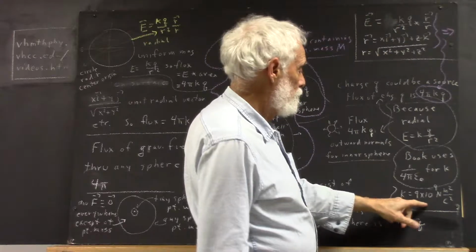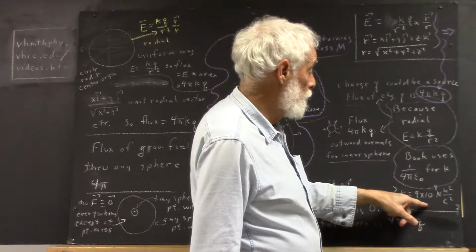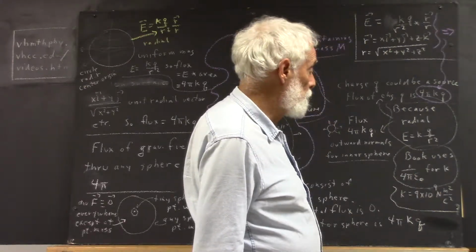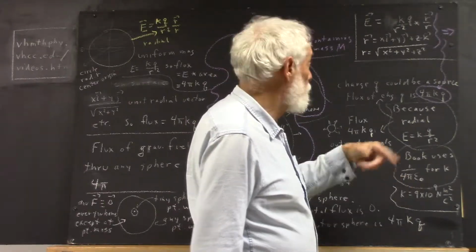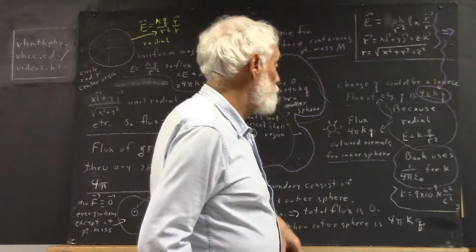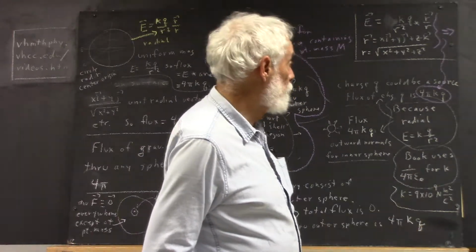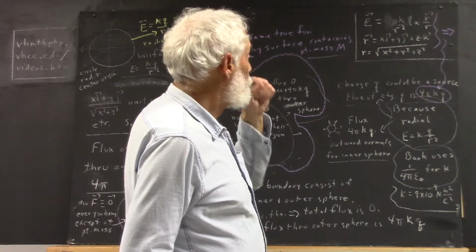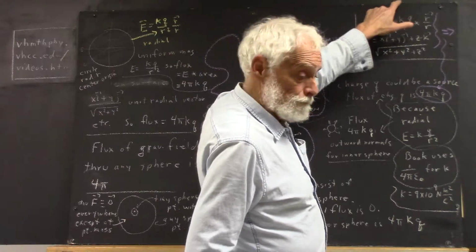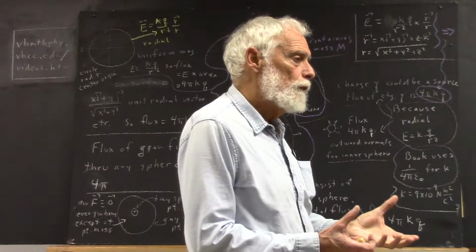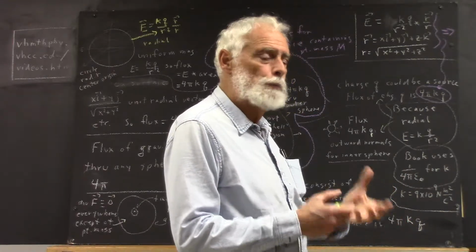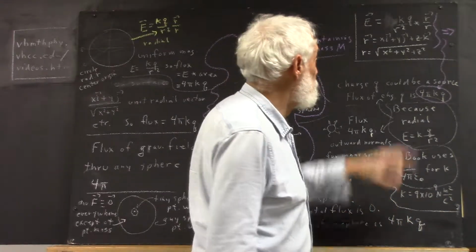Now k is 9 times 10 to the 9th Newton meter squared per Coulomb squared, and it's equal to 1 over 4 pi epsilon naught, if you like epsilon naught. So you can easily calculate epsilon naught from k. But this is just totally analogous to the gravitational field of a point-like mass centered at the origin.